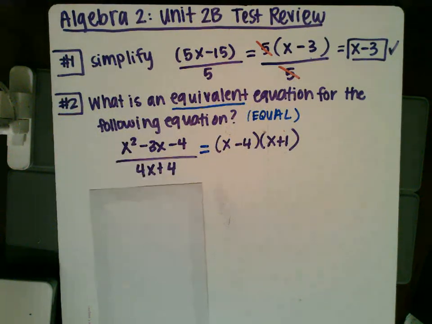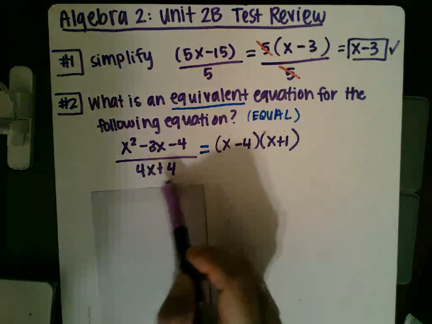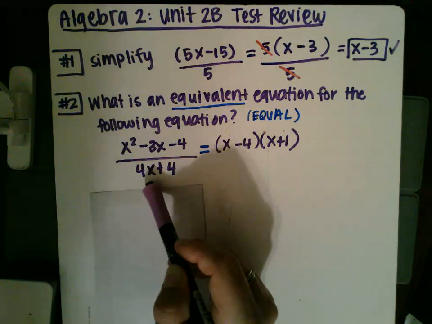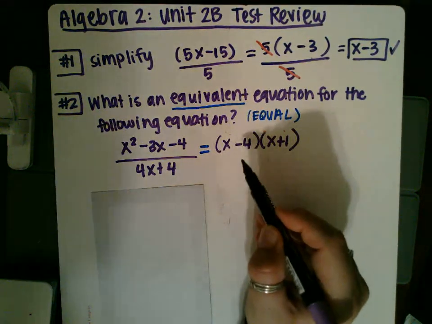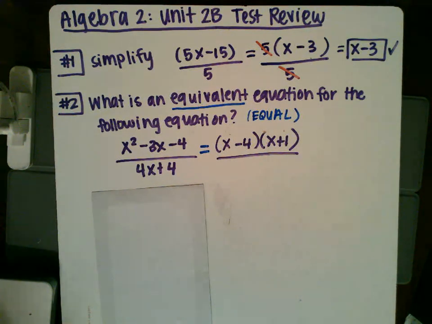Now we have to focus on our denominator. And it is a binomial, 2 terms, and it's a linear binomial, meaning that the degree is 1, right? 4x plus 4. So I'm not going to factor it quite like this. I'm going to look and see if there's a greatest common factor between the two.